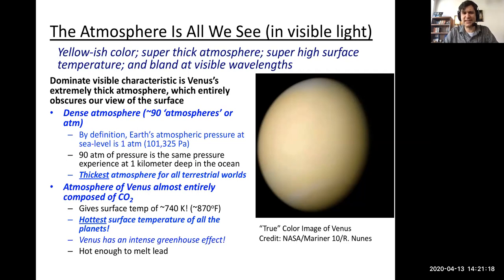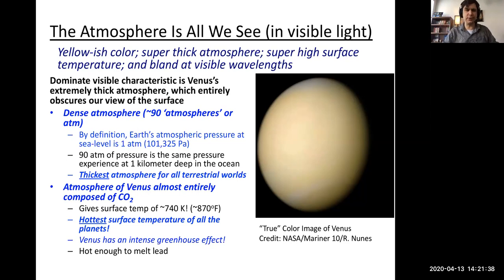How dense is dense? The surface pressure on Venus is 90 atmospheres. Atmosphere is a unit of surface pressure. If you go to sea level on an average day on Earth, the pressure of the atmosphere pushing down on your head is defined as 1 atmosphere.